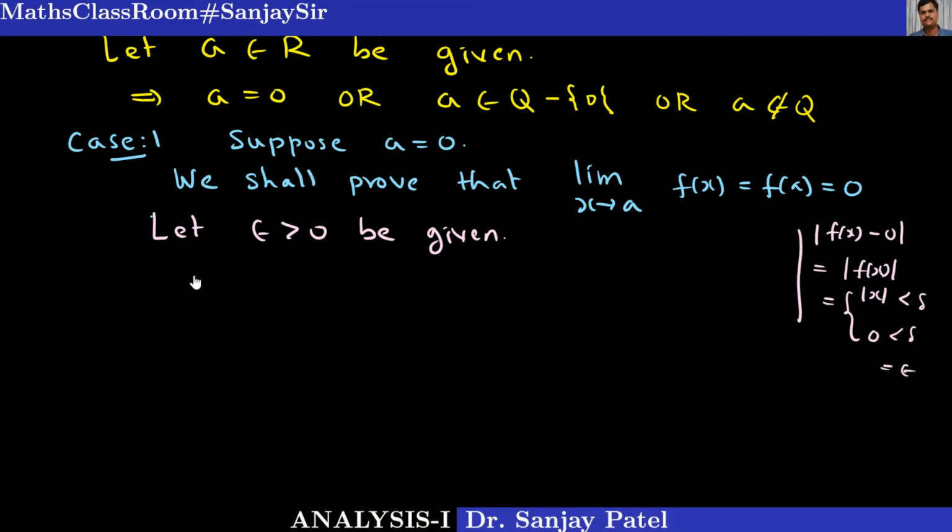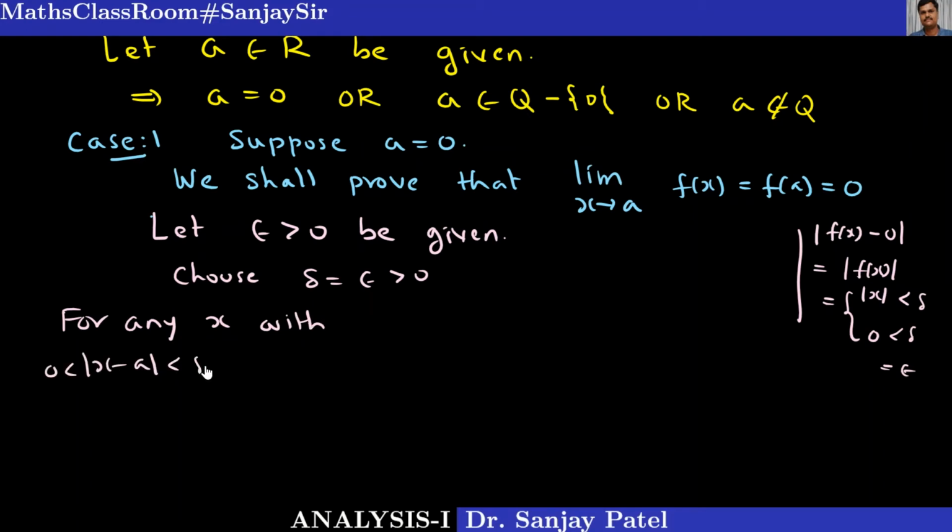So I get the idea from this discussion, and I will choose delta equal to epsilon. Okay, then for any x with 0 less than |x minus a| less than delta, we will get |f(x) minus L|, the limit is 0 here, equal to |f(x)|.